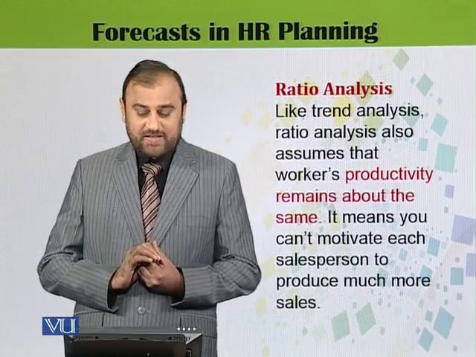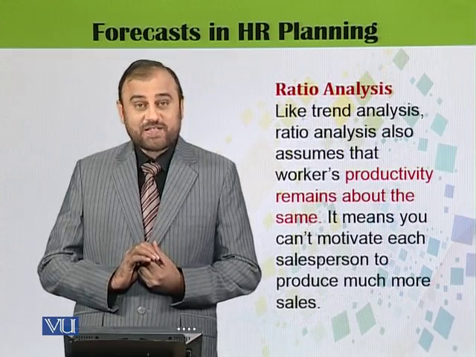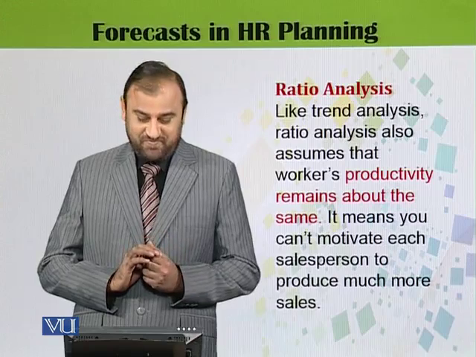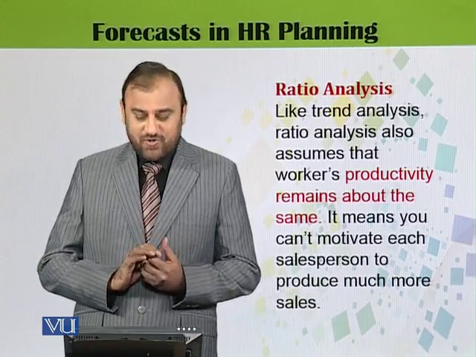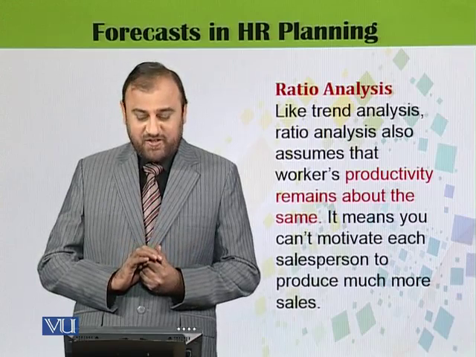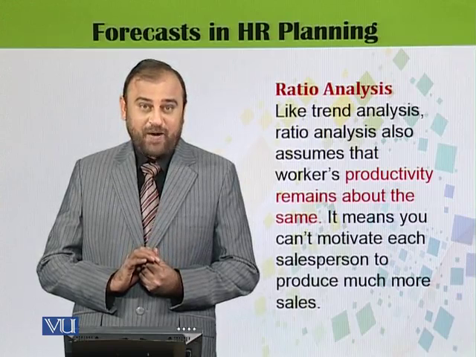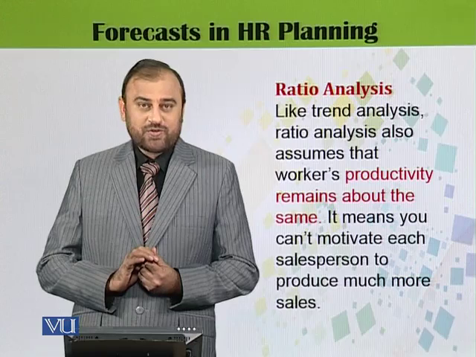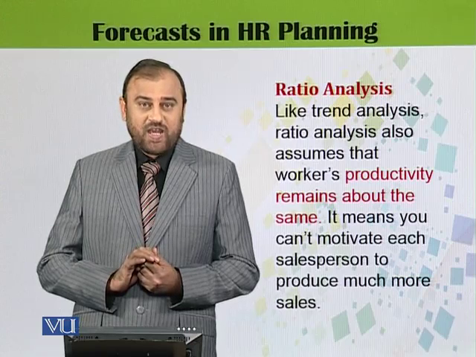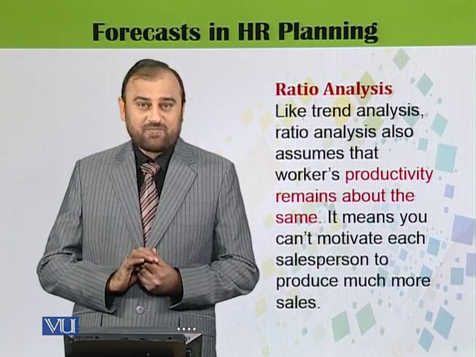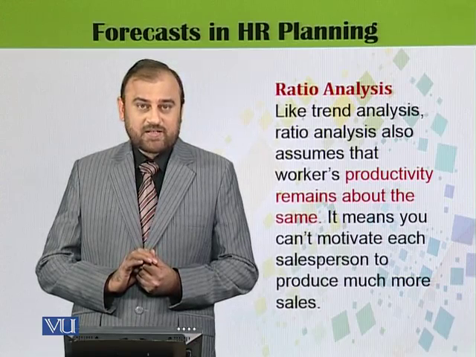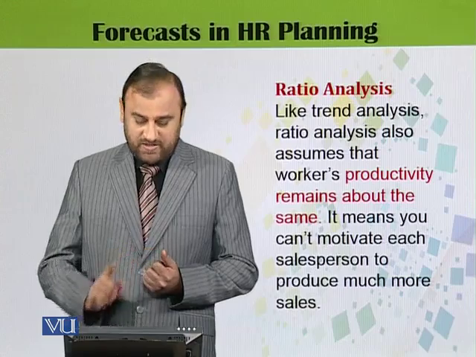Just like trend analysis, ratio analysis also assumes that workers' productivity remains about the same. It means that you can't motivate each salesperson to produce much more sales for better profitability. So whenever we use ratio analysis, we need to keep the motivation factors of salespeople in mind, so we can get better results in projecting human resource needs.